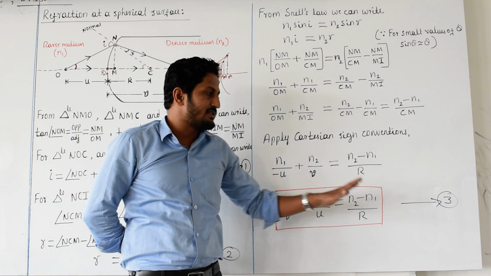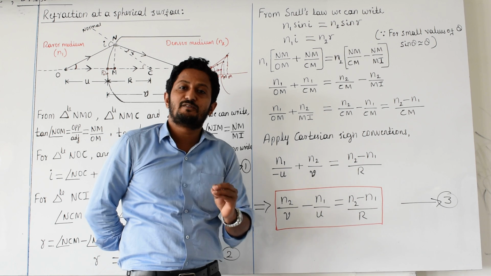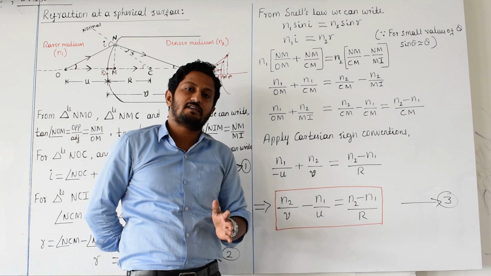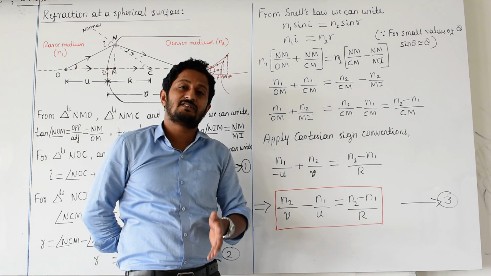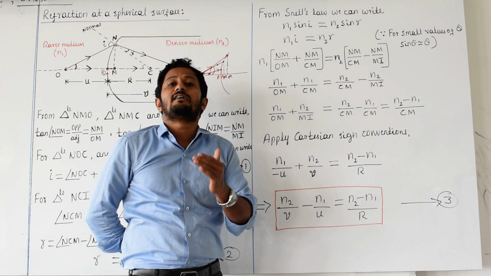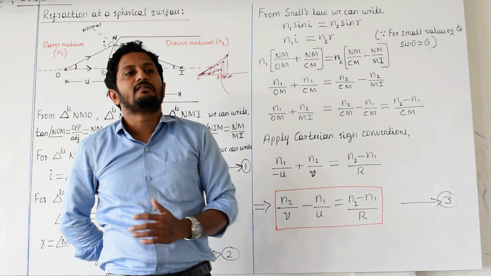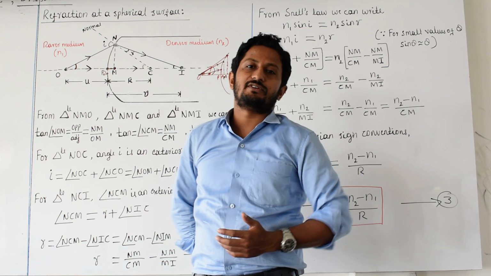Okay, this equation 3, or this expression, gives the relation between object distance, image distance, refractive index, and radius of curvature. Okay, in the exam they will ask this derivation.